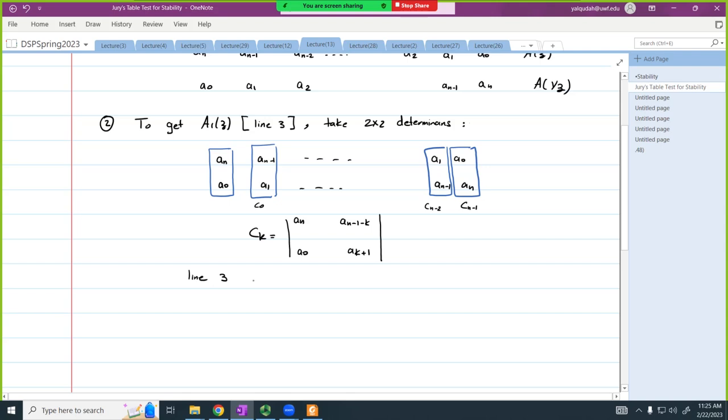Now line 3 becomes c_{n-1}, c_{n-2}, all the way to c_0. So the third step, we're going to reverse line 3 to get line 4.